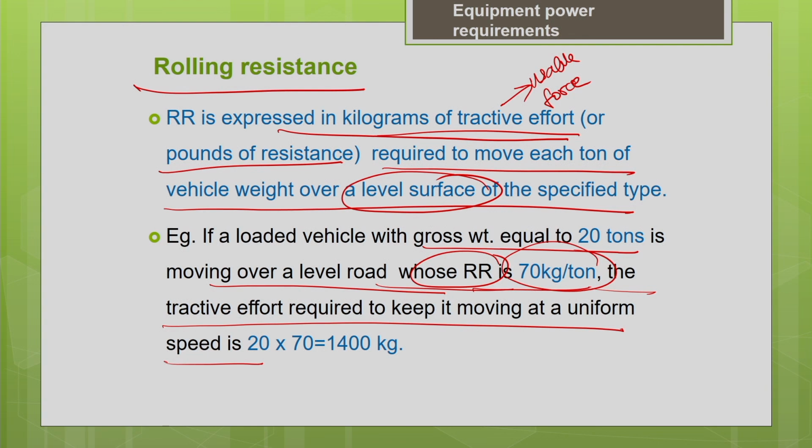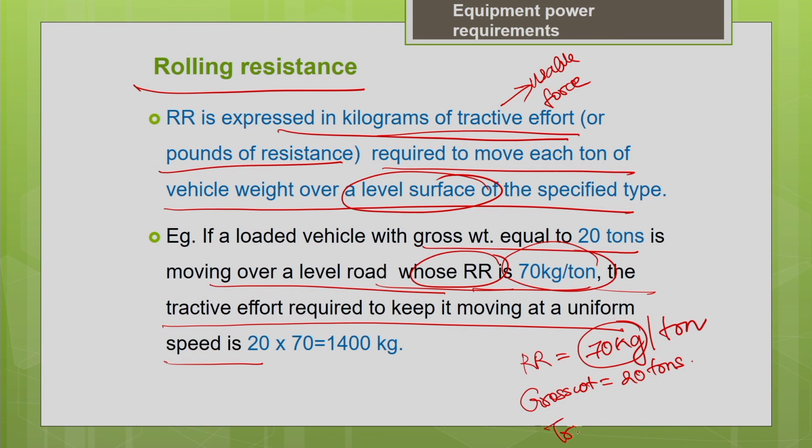For this road, to move a unit ton of machine on the surface, I need 70 kg of force. Now, you know the gross weight of your machine. It is nothing but 20 tons.